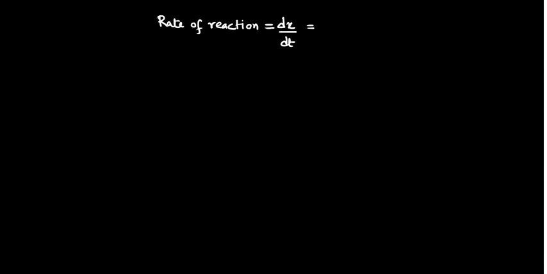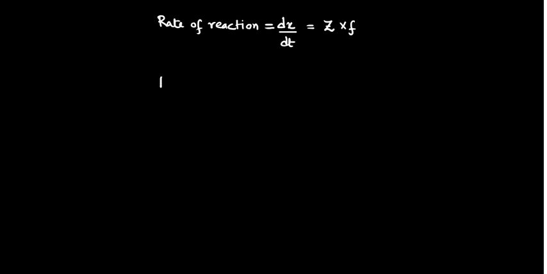But what is important is not the number of collisions, but the number of effective collisions. So more than collision frequency, effective collision frequency must be taken into consideration. If Z represents the total collision frequency and F represents the fraction of molecules which are undergoing effective collisions, then rate of reaction is equal to Z into F.